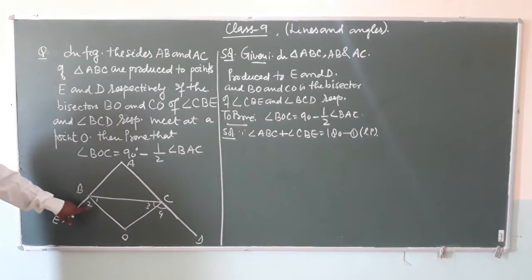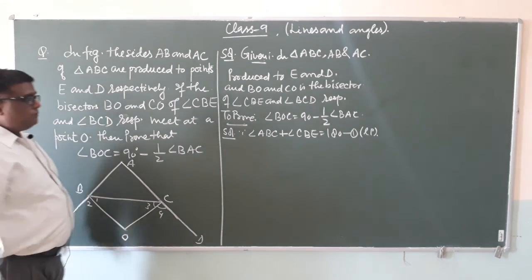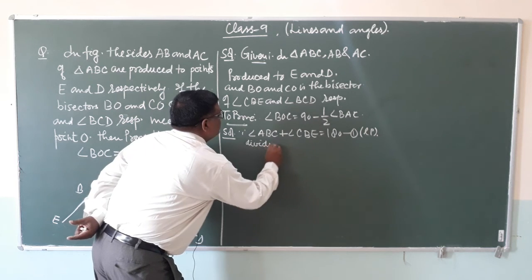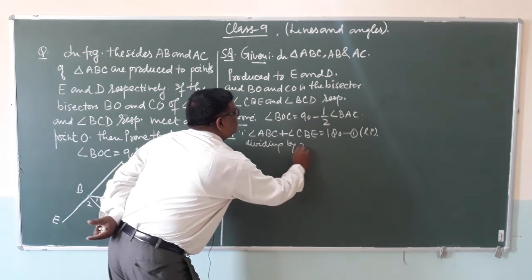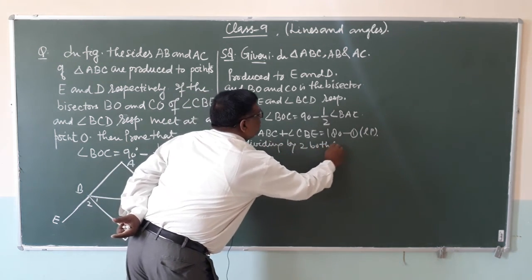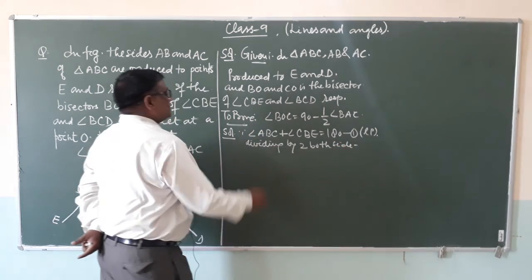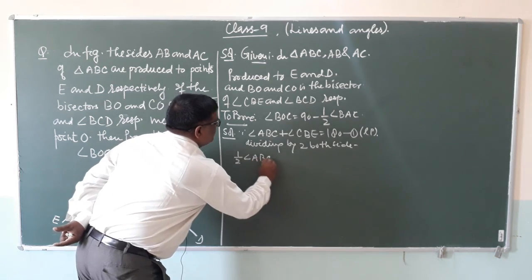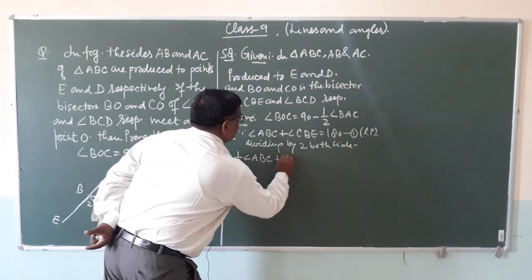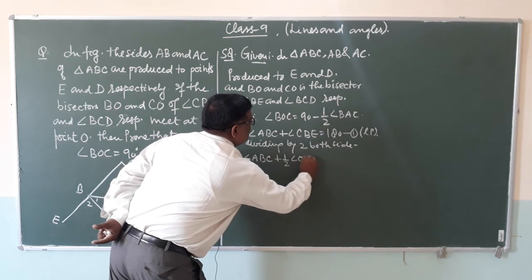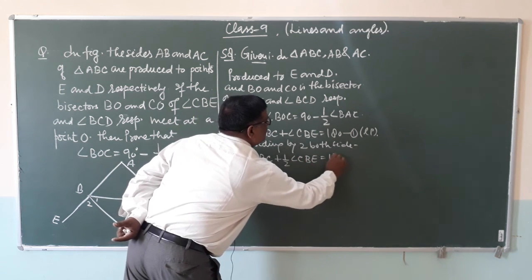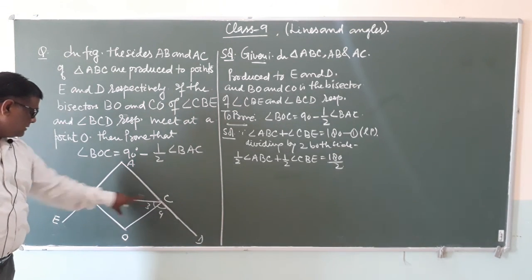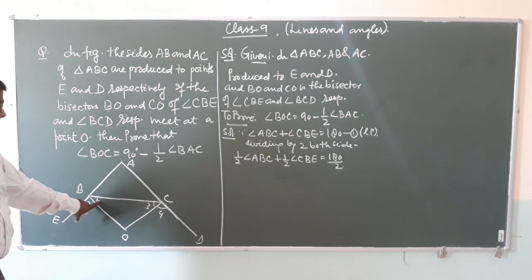Now we have to take half of this. So dividing both sides by 2, we can write 1 by 2 angle ABC plus 1 by 2 angle CBE is equal to 180 upon 2. Now 1 by 2 angle CBE is equal to angle 1.